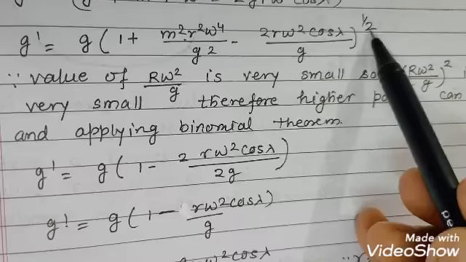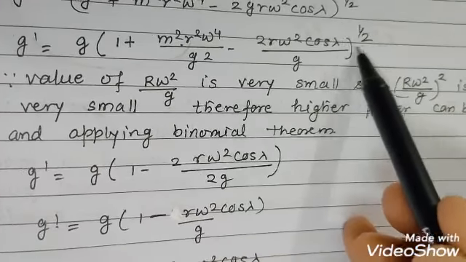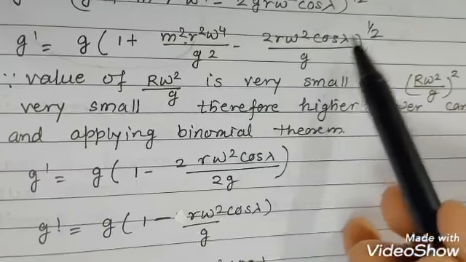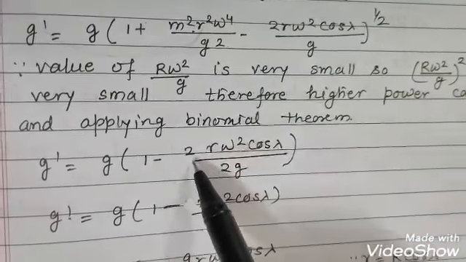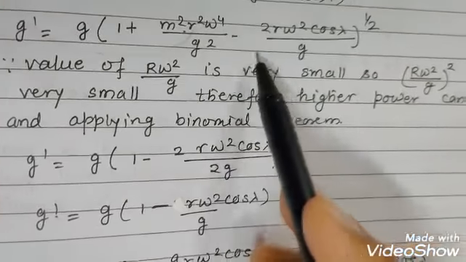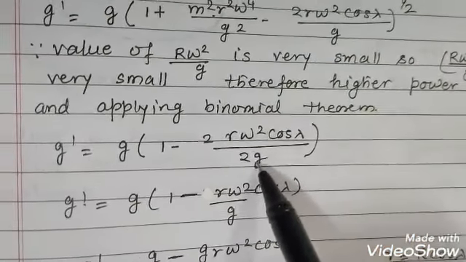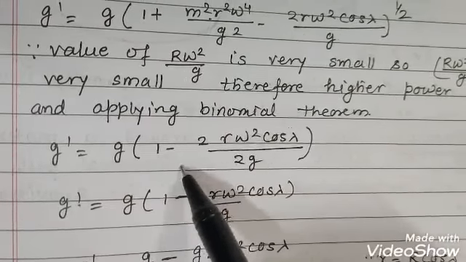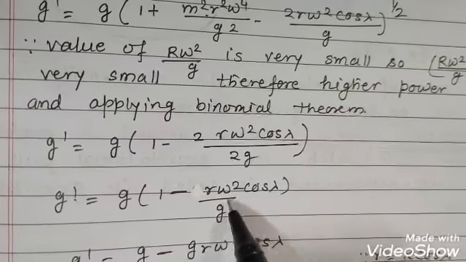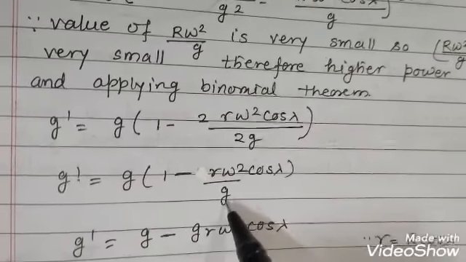Now if we apply the binomial theorem, this power is multiplied with the second term. So 2r omega square cos lambda and 1 upon 2 are multiplied, and the 2 cancels, so g dash equals g into 1 minus r omega square cos lambda upon g.